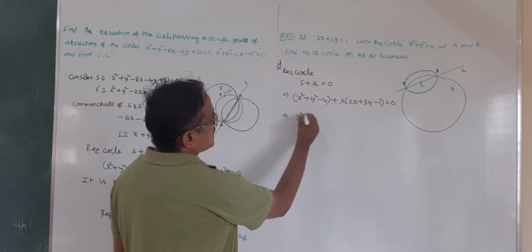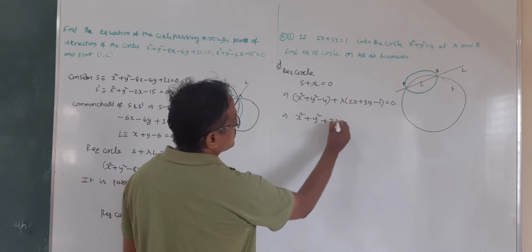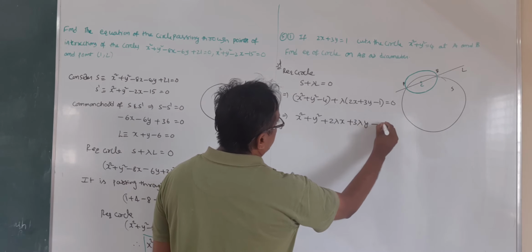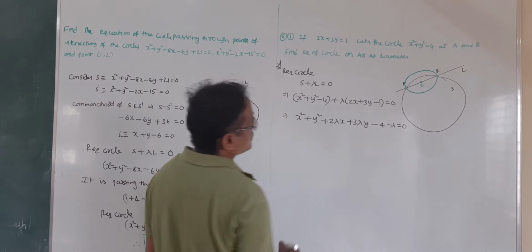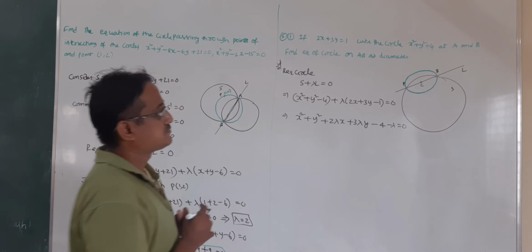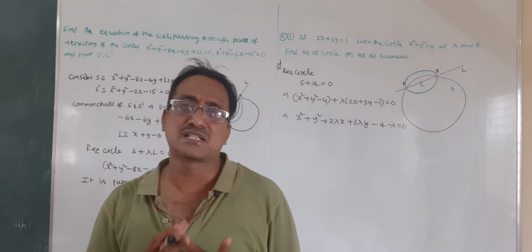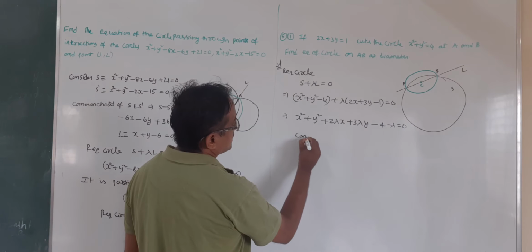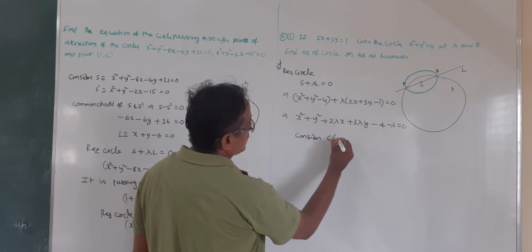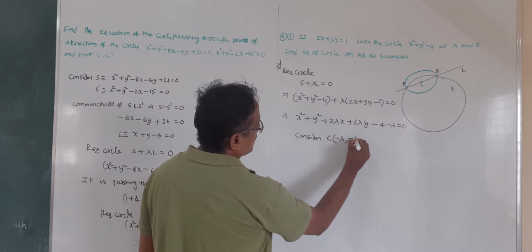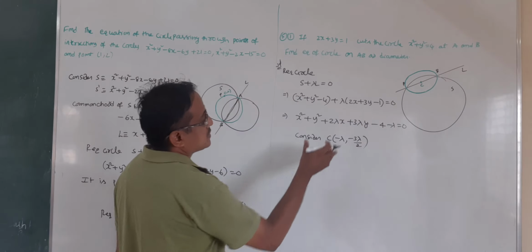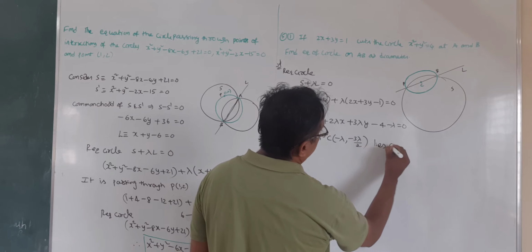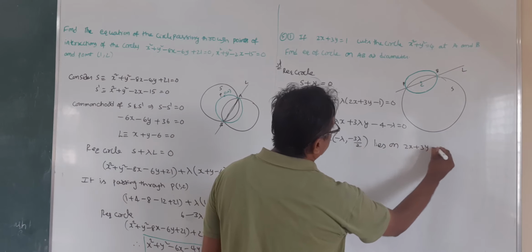Now this can be written as x square plus y square plus 2 lambda x plus 3 lambda y minus 4 minus lambda equal to 0. Now this circle has its center on the line 2x plus 3y is equal to 1. So consider the center of this circle C: minus lambda comma minus 3 lambda by 2. Now the center lies on the line 2x plus 3y is equal to 1.